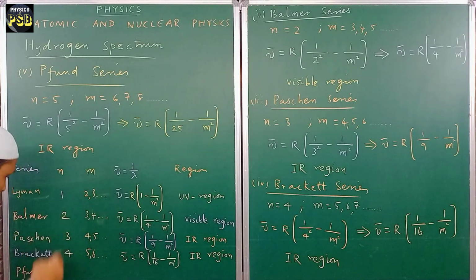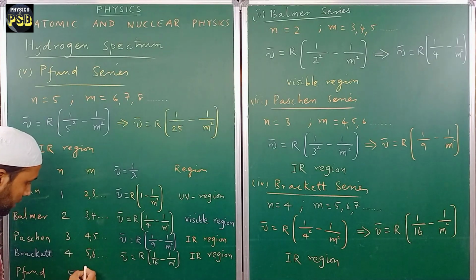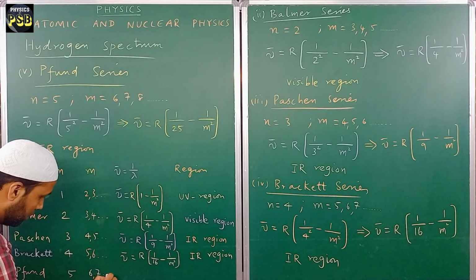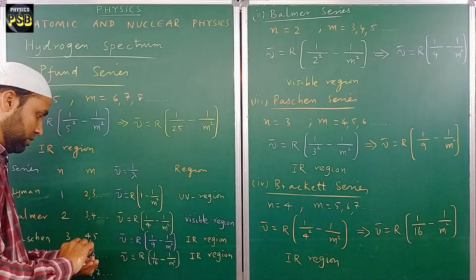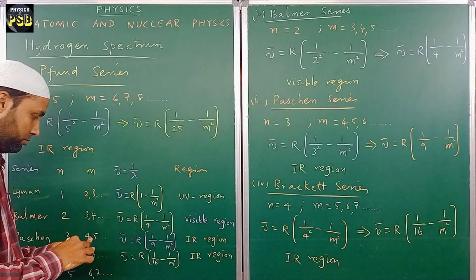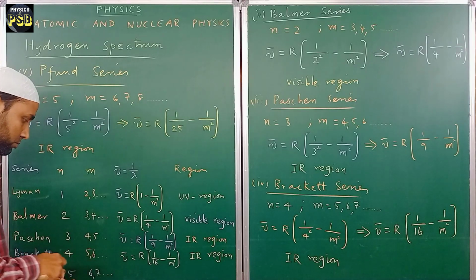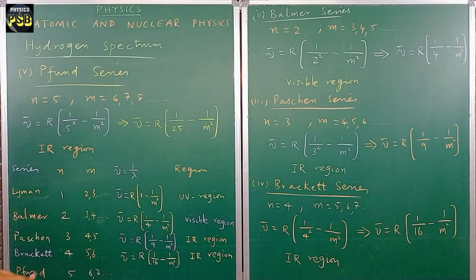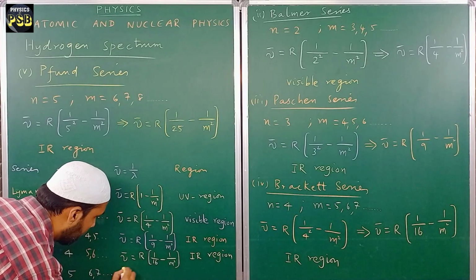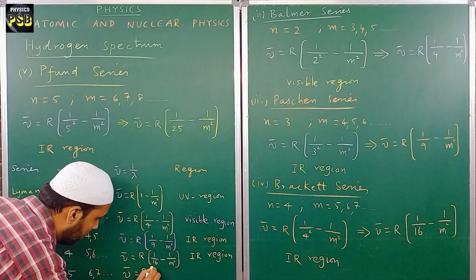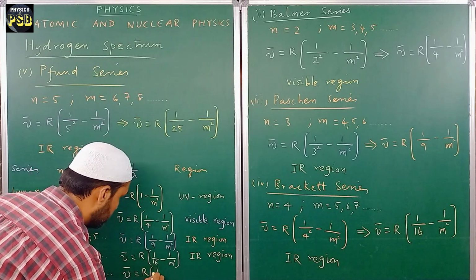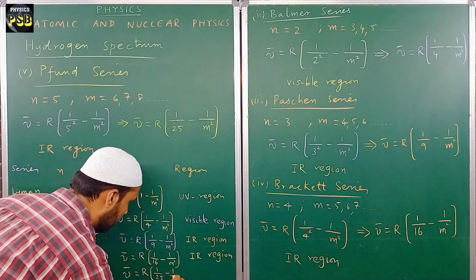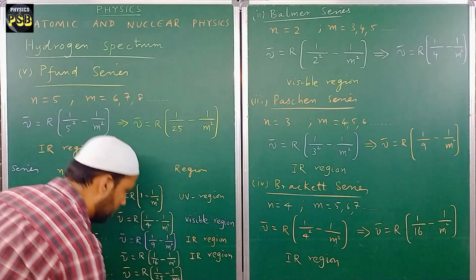Here the value of n is taken as 5, and the remaining values of m are 6, 7. The wave number is represented as R multiplied with 1 upon 25 minus 1 upon m square.